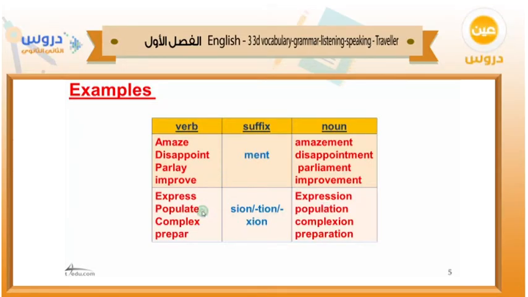Populate is a verb, and with the suffix tion at the end, it becomes population, a noun. Complex, with zion at the end as a suffix, complexion. So here it's a verb, but here it's a noun. And prepare, we add tion at the end and it becomes preparation.